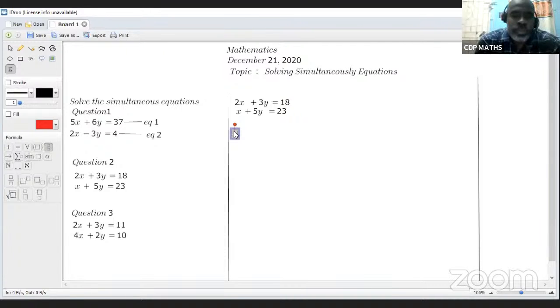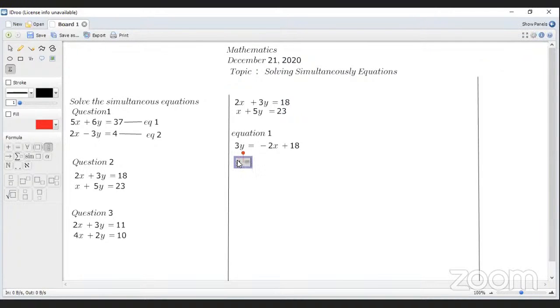All right. So the first one, equation 1, we'll be having 3y equal to negative 2x plus 18. Good. Actually, I understand how I get negative 2x plus 18. Okay. Divide both sides by 3 now.